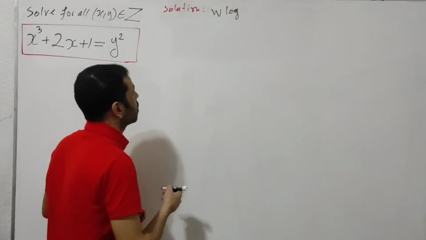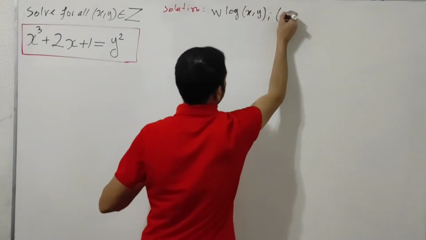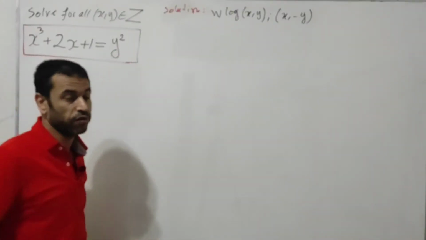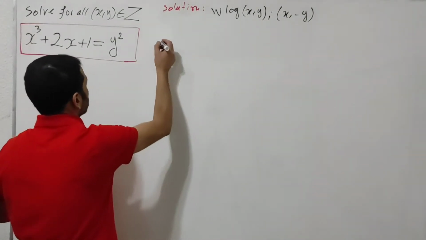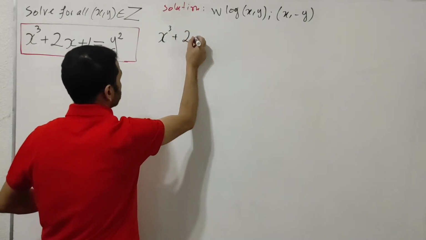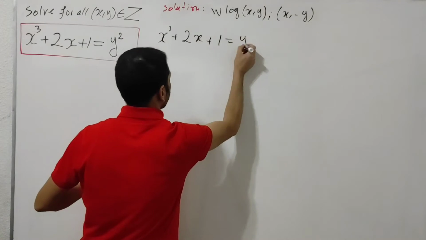Without loss of generality, if x and y is a solution, then x and minus y is a solution. We have to consider the negative solution as well, because we have y squared here. So here is the equation: x cubed plus 2 times x plus 1 equals y squared.